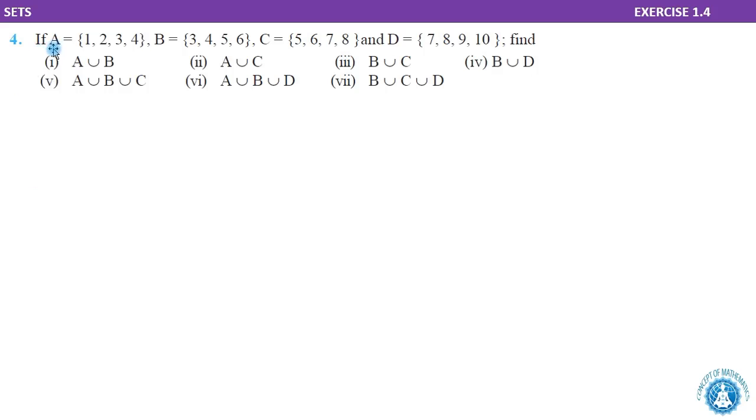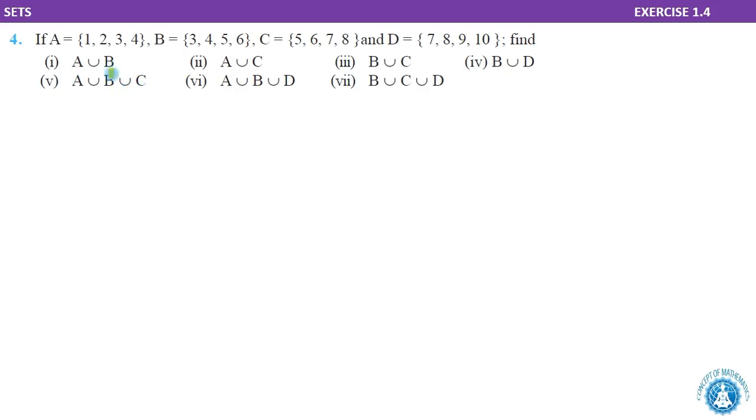Set A has elements 1, 2, 3 and 4, set B has elements 3, 4, 5 and 6, set C has elements 5, 6, 7 and 8, and set D has elements 7, 8, 9 and 10. Find the union of A and B.